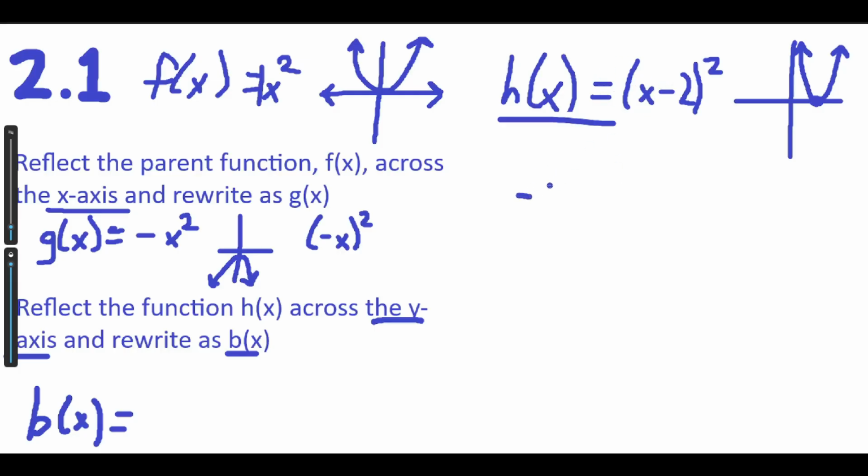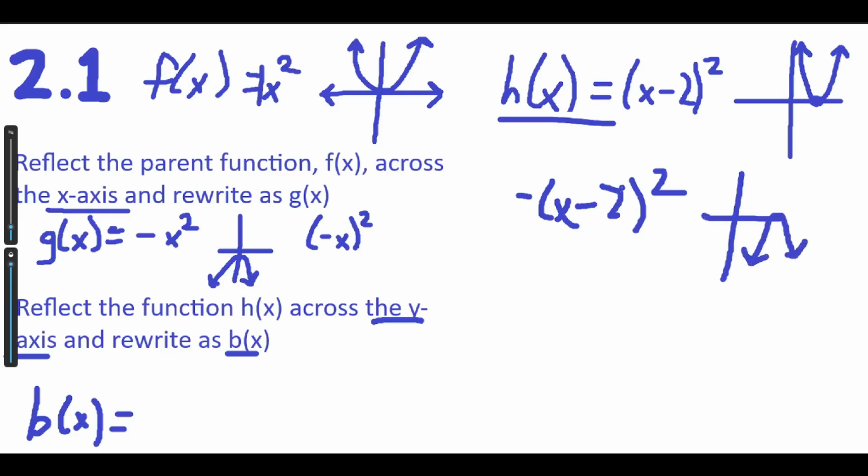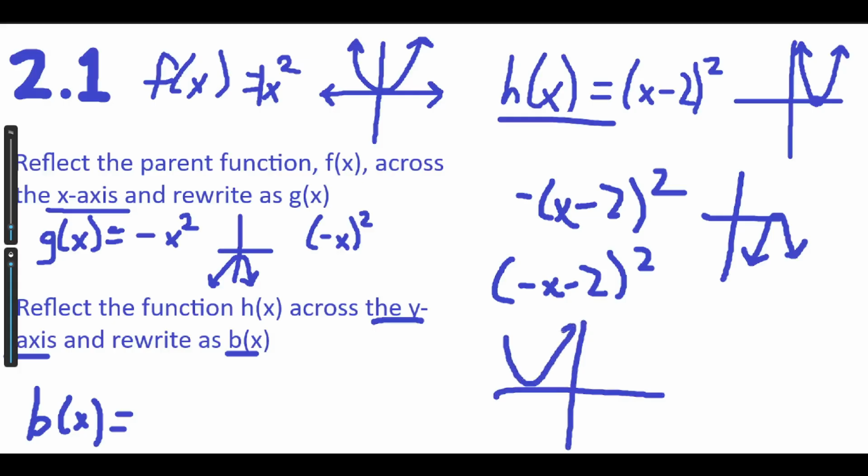Because if we went negative x minus 2 squared, all it would do would just flip the graph. It would look like that. However, if we do negative x minus 2 squared, that is when it actually reflects it. So then it would look like this.